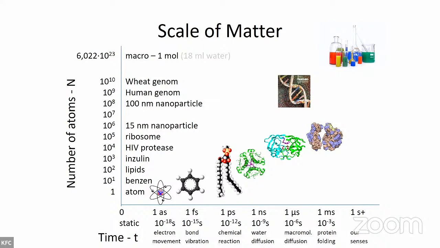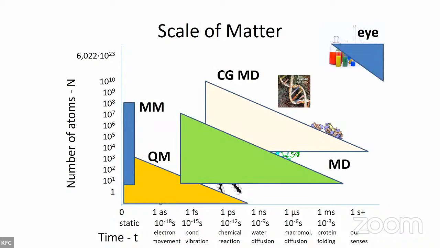And for time, if we want to calculate how the electrons are moving, we need to go extremely fast. We have to be speaking about attoseconds. But usually when we are speaking about how the molecules move, we are speaking about nanoseconds or even microseconds. So those scales are quite large and largely different. And for that reason, we have to think about different methods that can be used for the description of those things.